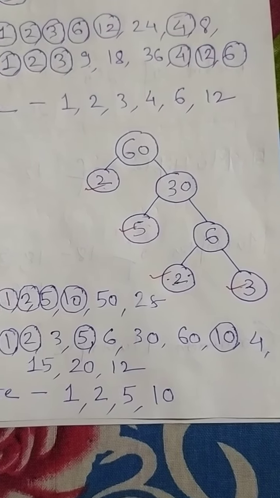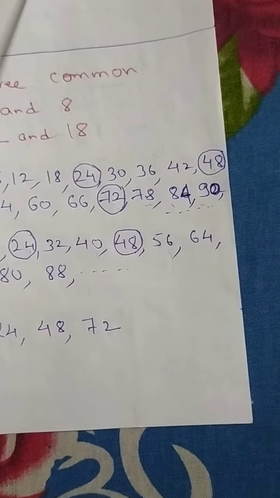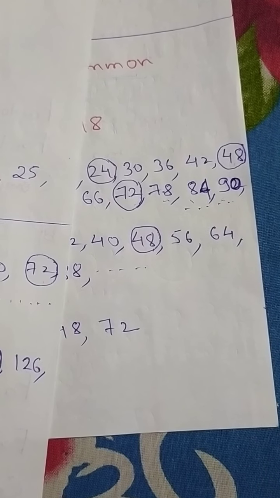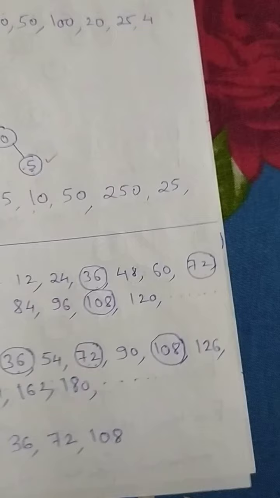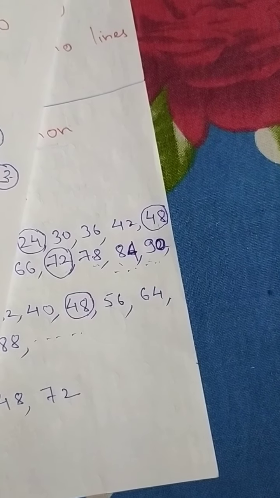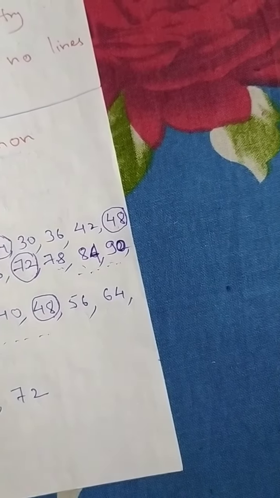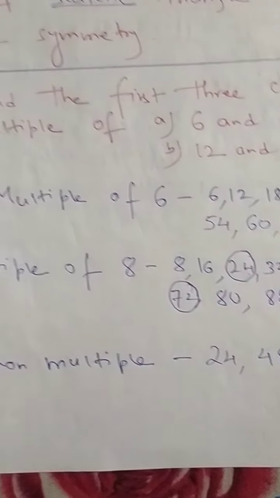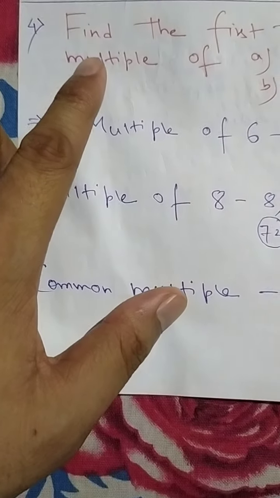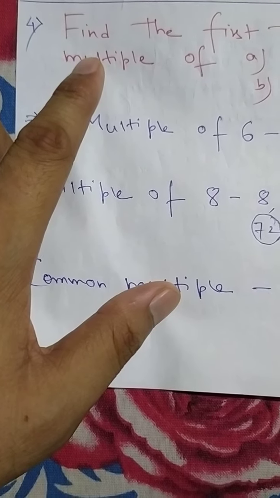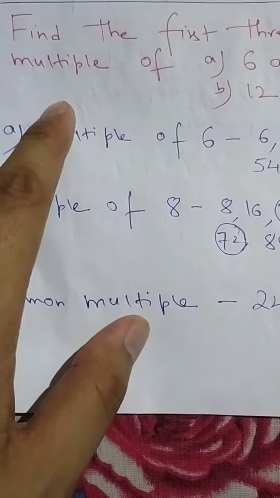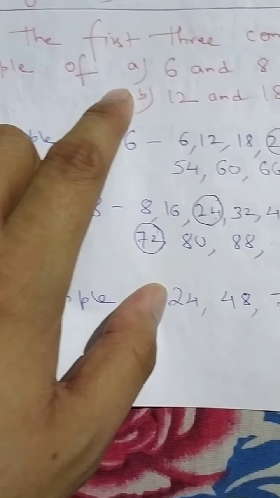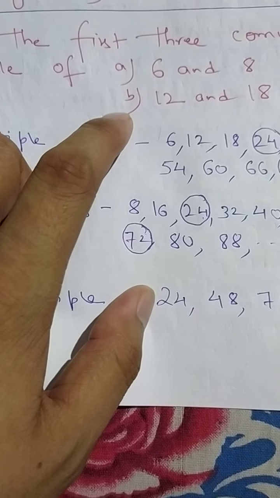Okay. So the next question is this one, number 4. Find the first 3 common multiples of number A, 6 and 8, and number B, 12 and 18.